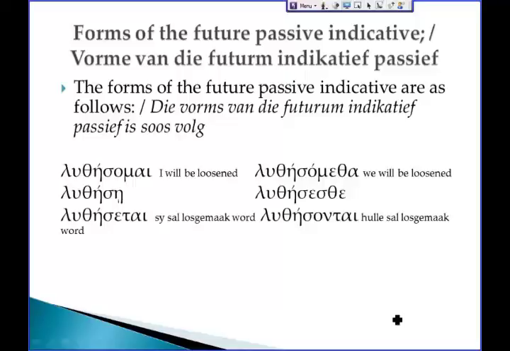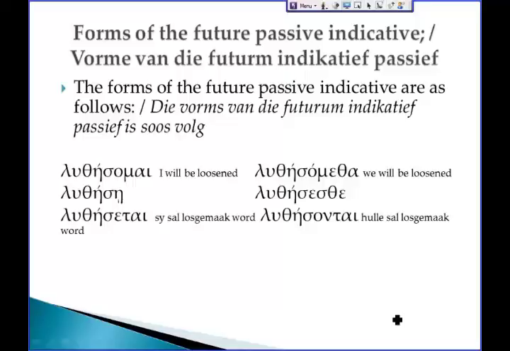Just like your present indicative active, but what is the difference? The main thing is that sigma, okay? Now going back to the future passive, the sigma is still there, okay? But before the sigma and the person ending, the suffix is added to the stem of the verb.